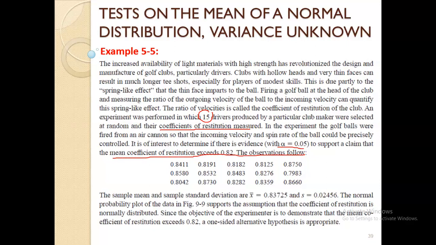From the meaning of this word, we would like to claim that the mean coefficient exceeds 0.82. In this data, we don't know the variance, and the data is less than 30, so we use the T-distribution.